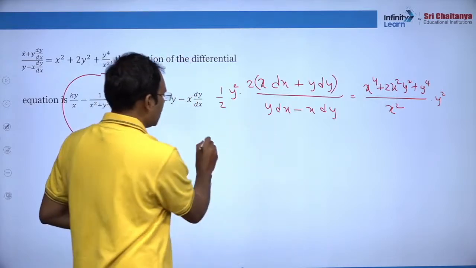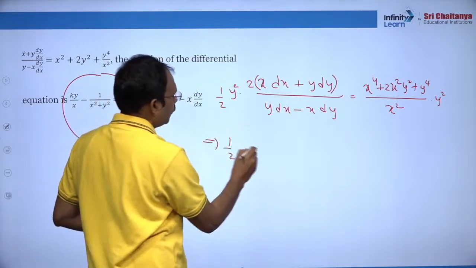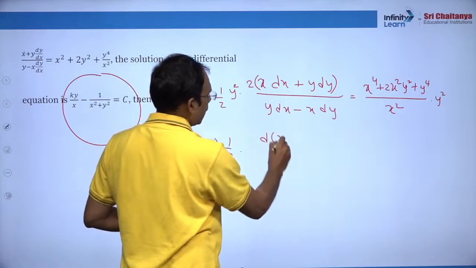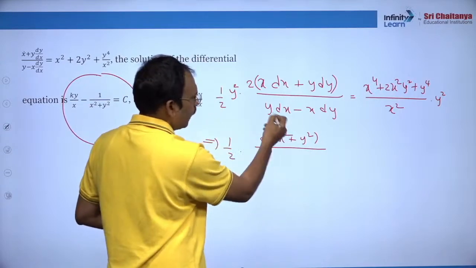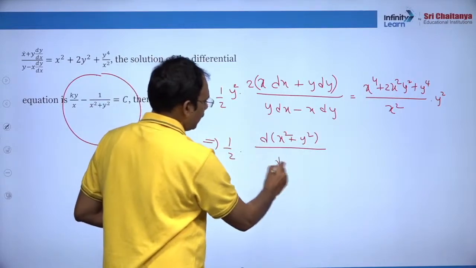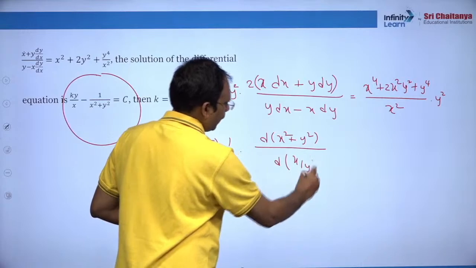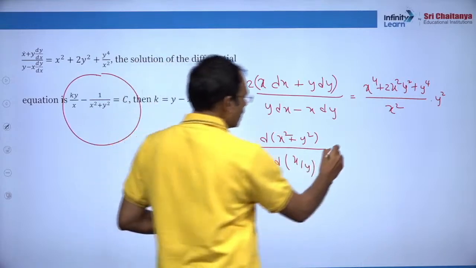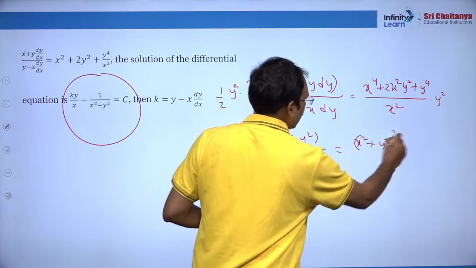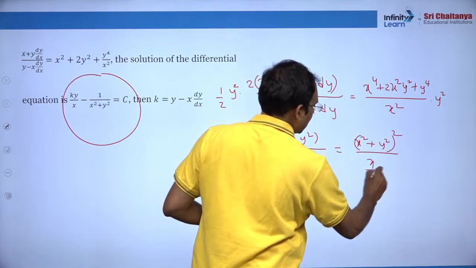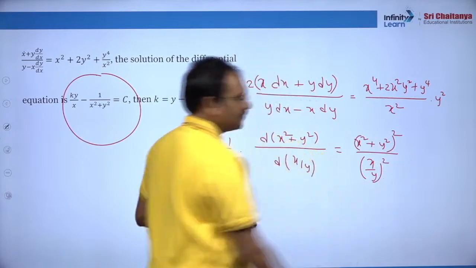Even if you multiply here with 2 and write 1 by 2 here, in the next step I write 1 by 2 into d of x square plus y square by, this is y dx minus x dy by y square, d of x by y, which is equal to x square plus y square whole square by x by y whole square.